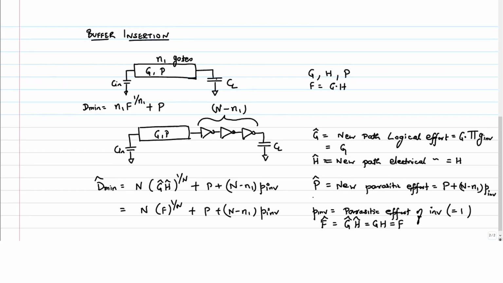So it's important to note that these two values are the same in both equations. I have only increased this n1 to capital N, a larger number, and of course thereby I have incurred a linear increase in delay of the parasitic term, correct?